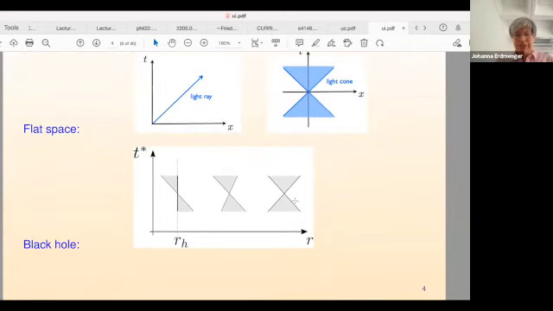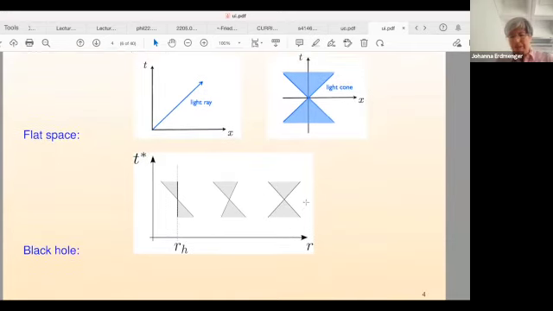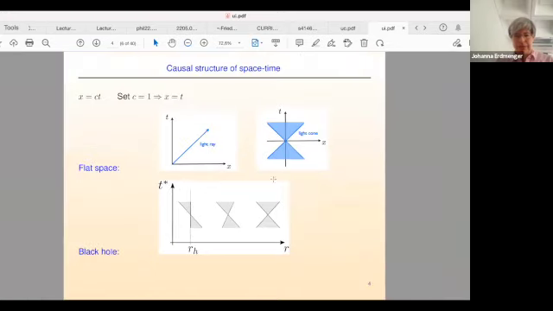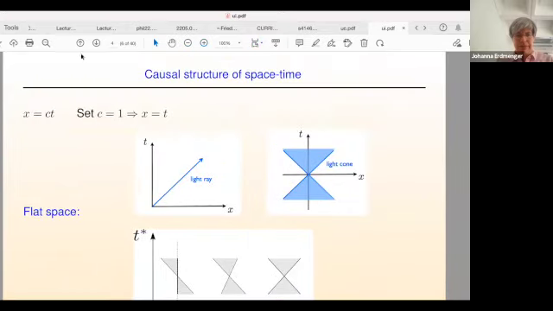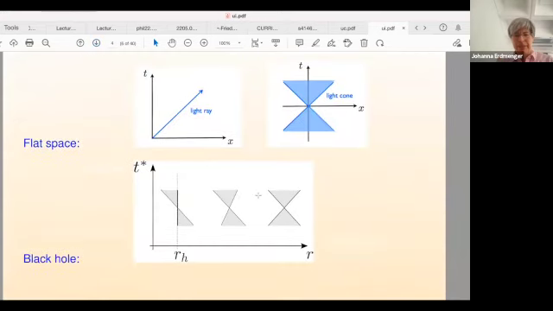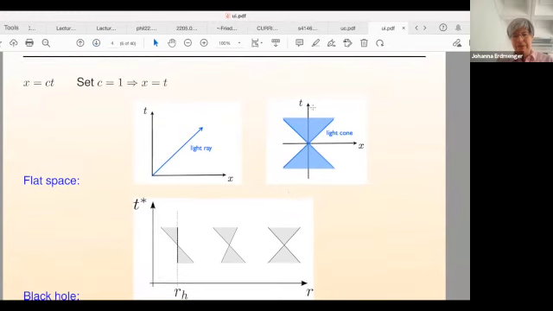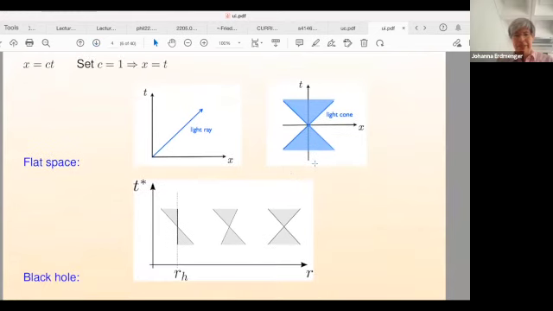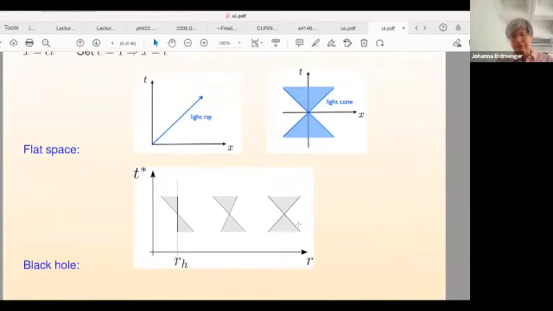If I'm very far away from the black hole, so if I'm here, then I'm again in flat space. And so my light cone, my causal space-time, looks exactly the same as in flat space.